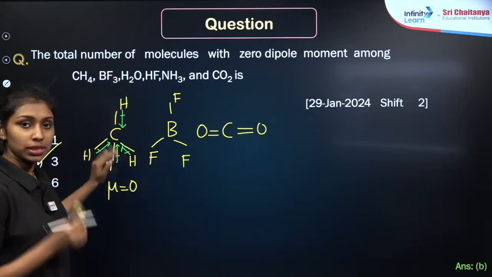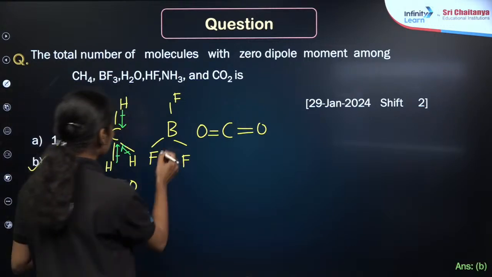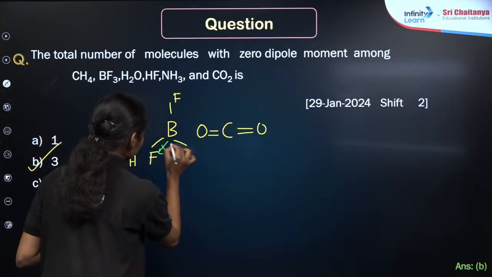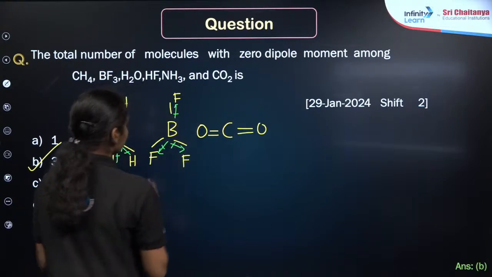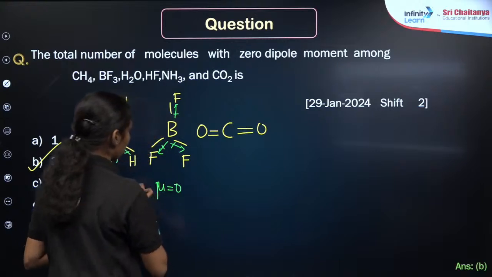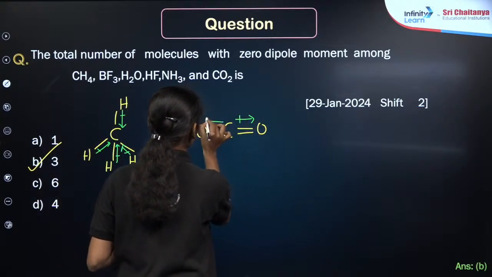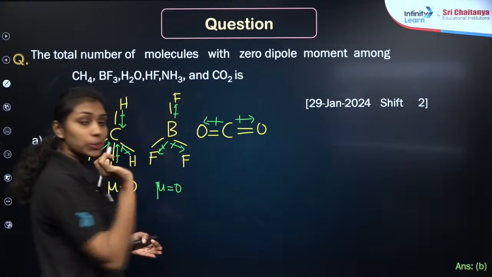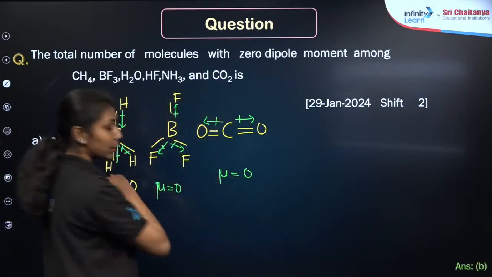Okay, these dipole moments are equal and opposite, so it will get the 0 dipole moment here. Again, here it is also represented like this because fluorine is more electronegative. Equal and opposite, getting dipole moment mu equal to 0. What about here also? Again, equal and opposite having the dipole moment of 0. Dipole moment is equal to 0.